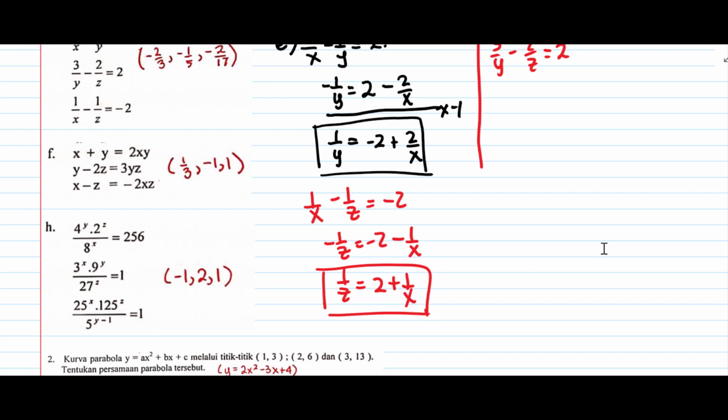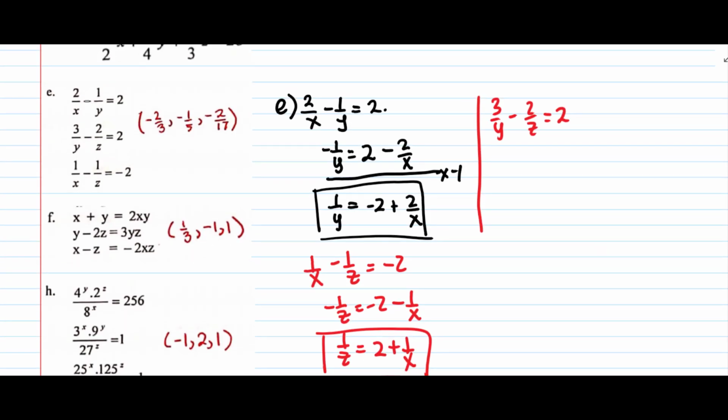Okay, substitute them. For 1 over y, it's 3 in the bracket negative 2 plus 2 over x, and then negative 2 in the bracket 2 plus 1 over x equals 2.